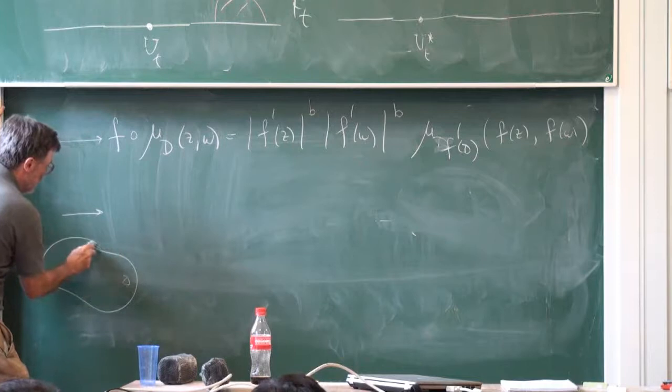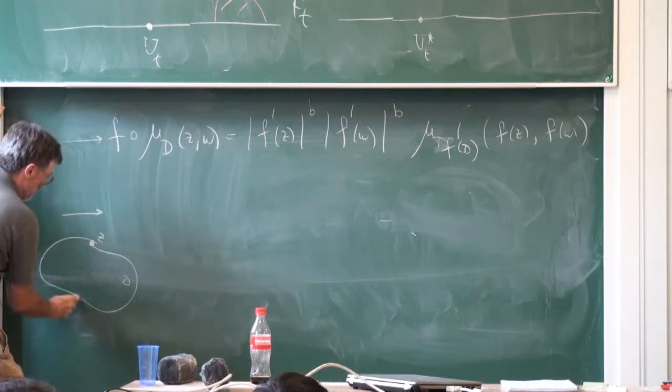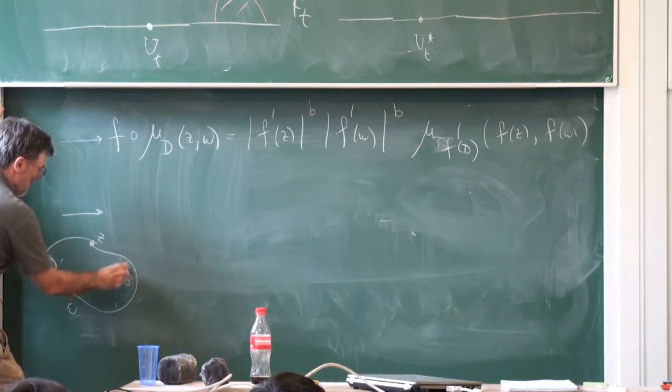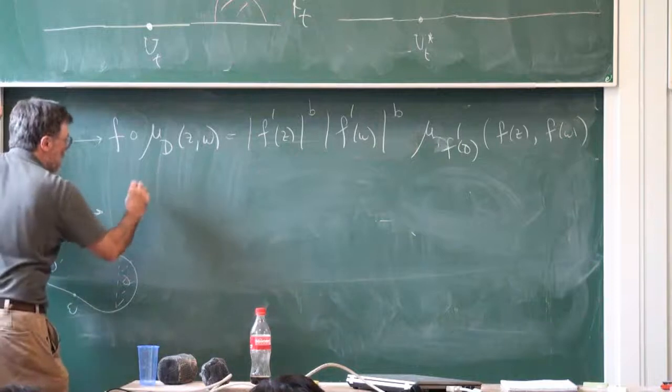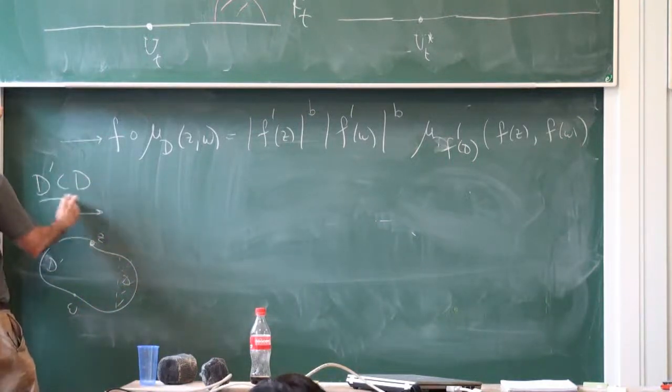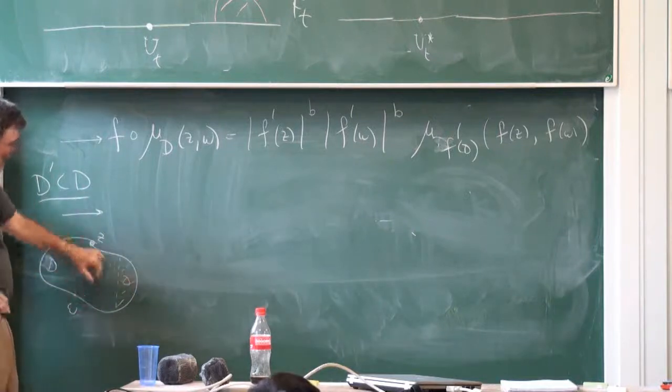If there's D, and suppose D prime is a subdomain of D, so suppose D prime is contained in D, but I've cut away from z and w.